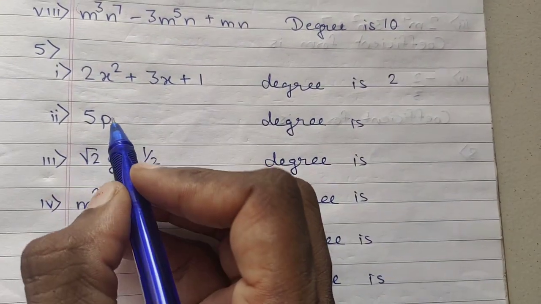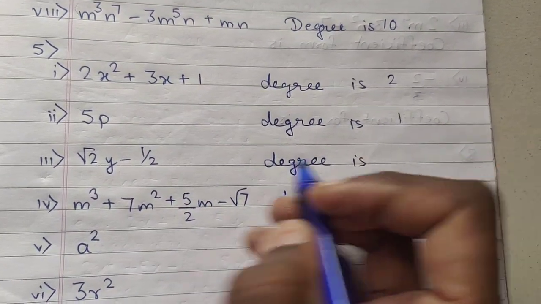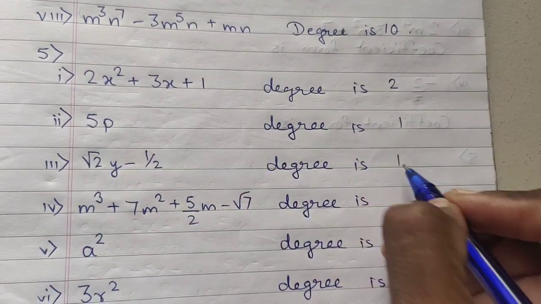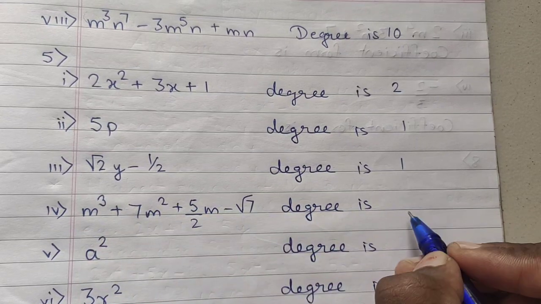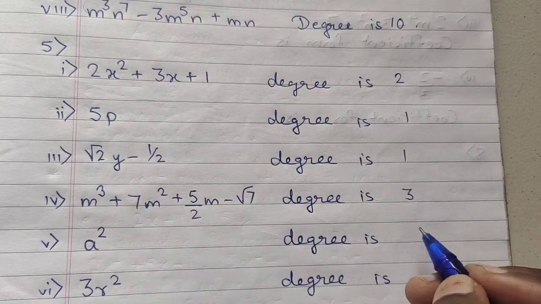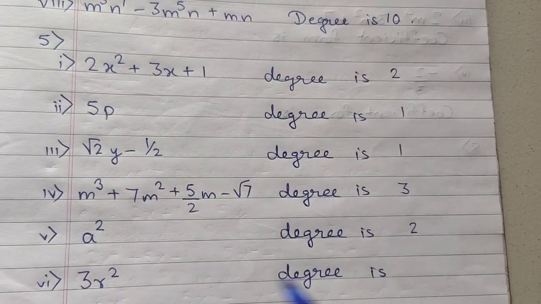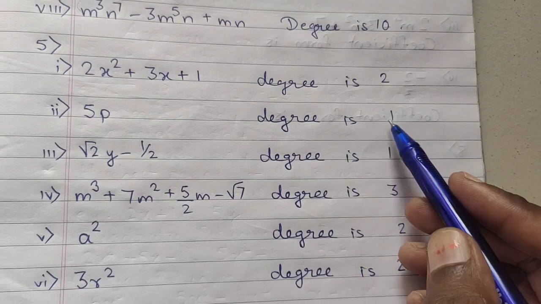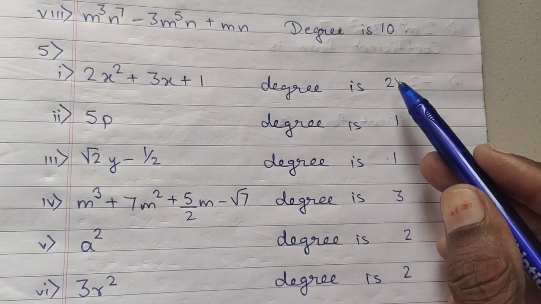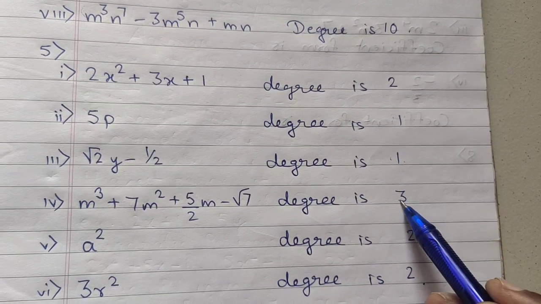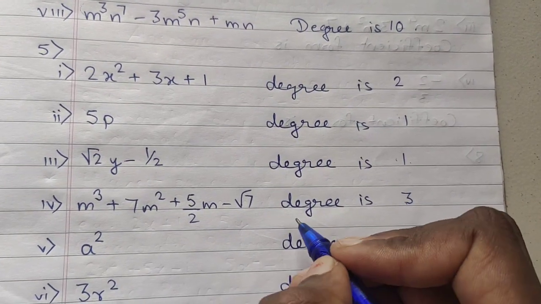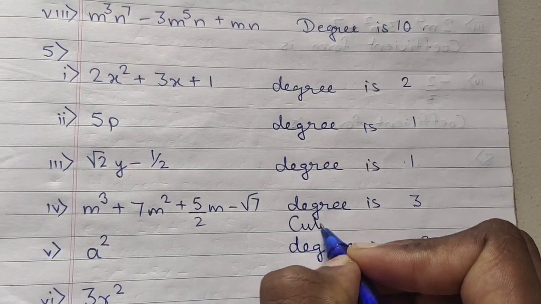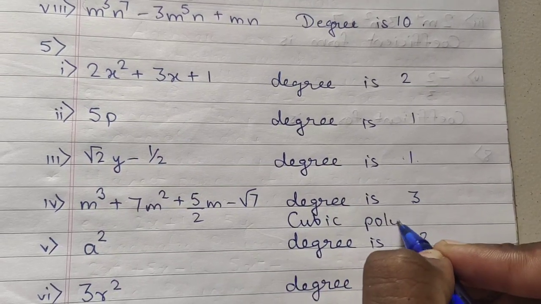In the second example, power is 1, so the degree is 1. In this case also, the degree is 1. In this case, the highest power is 3. Here power is 2. Here also power is 2. So these two are linear. These three are quadratic, and this one is cubic.